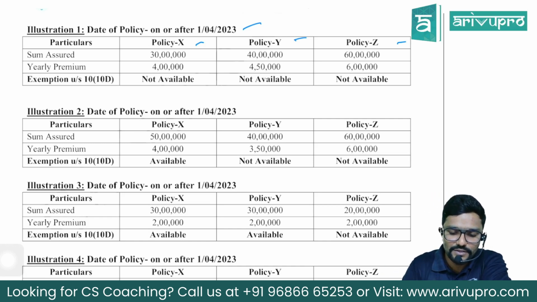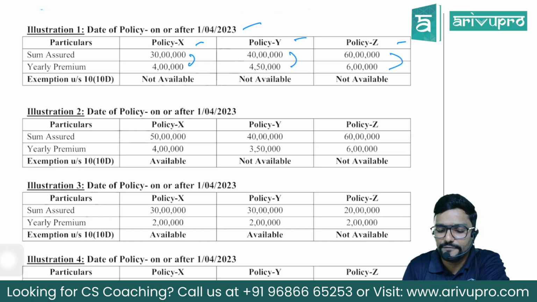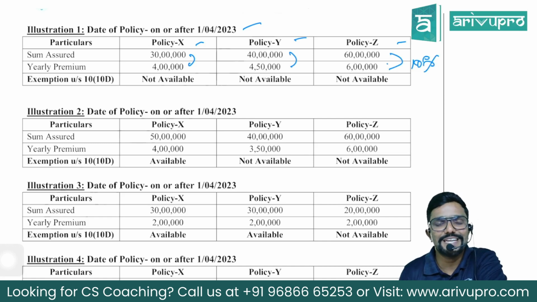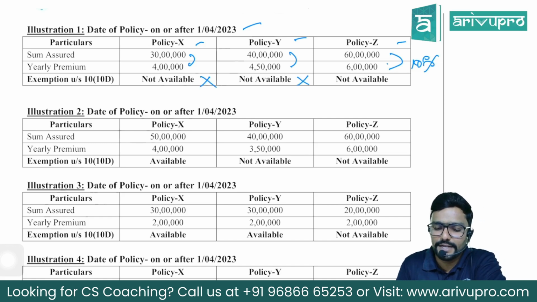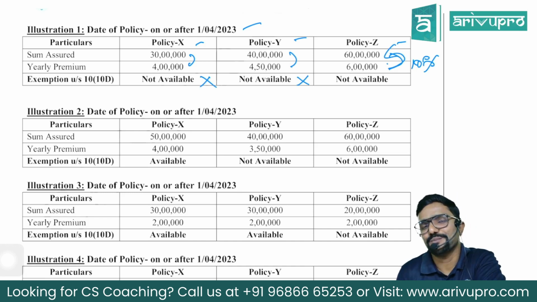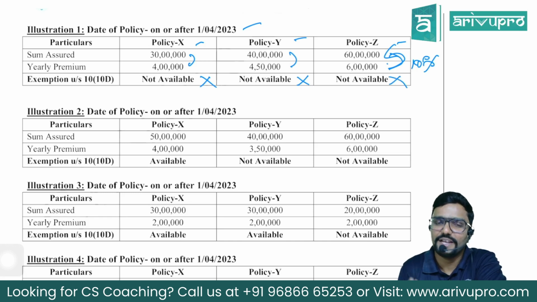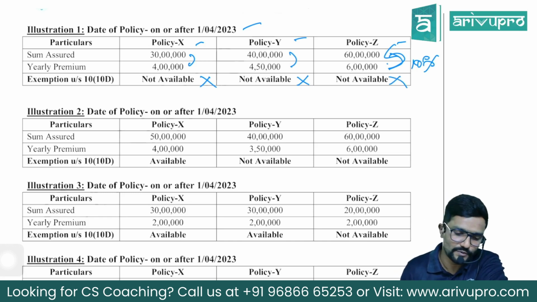You can observe it is more than 10% for X and Y, and for the last case exactly 10%. When the premium paid is more than 10% of the sum assured, can I claim exemption? No. And for policy Z it is exactly 10%, but it is more than 5 lakh. So even here exemption is not available.